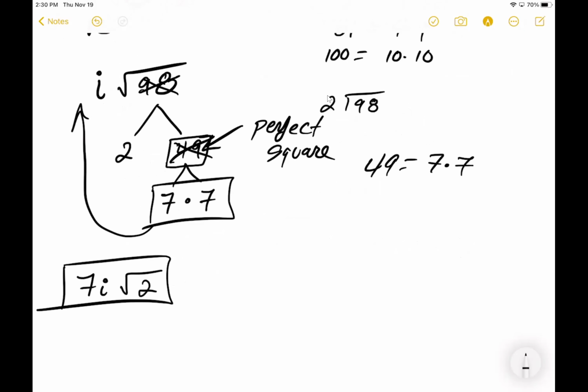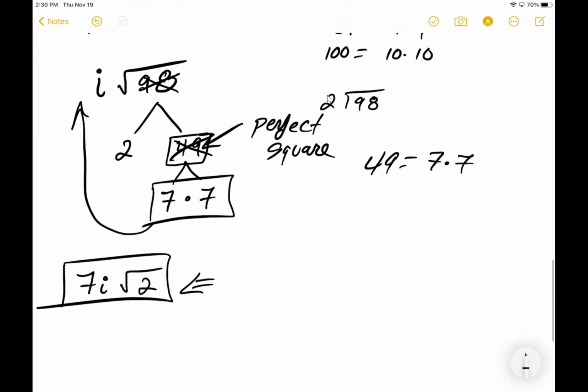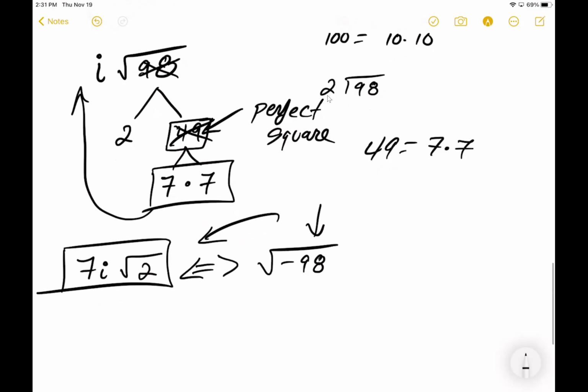So this is our goal. If they give you this item, we need to convert it to that item, which is the square root of negative 98 equals 7i square root of 2. And I mentioned this yesterday, that if you have an i and a radical, you write the i in front.